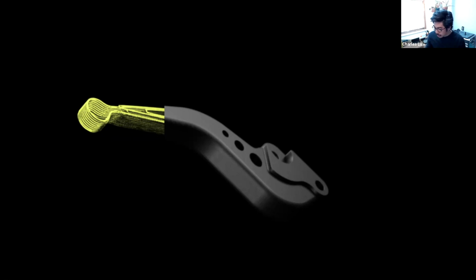I don't actually know what the K count is for this, and yeah, it should all be PAN-based carbon fiber. Hopefully that answers the question. But you know, don't take my word for it. I haven't actually been told what it is.